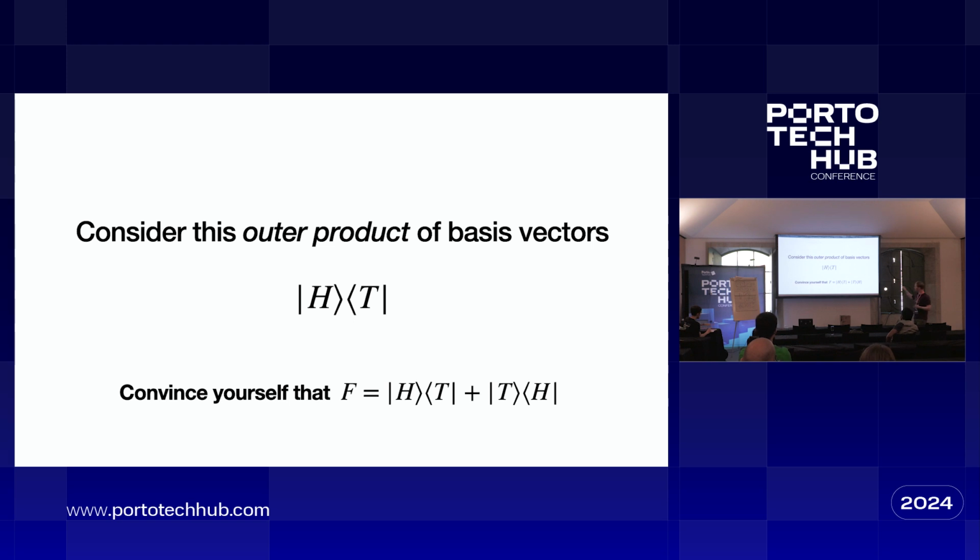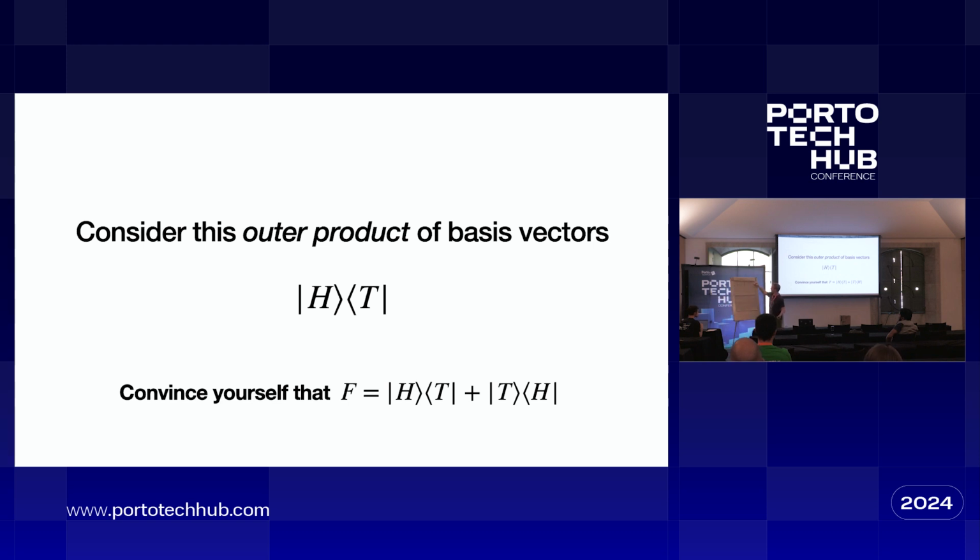Now, that gives us enough to be able to express a matrix like F in terms of these ket-bras, in terms of these outer products. Heads-tails, I have to keep coming back to it to make sure that everybody understands that these are just matrices.